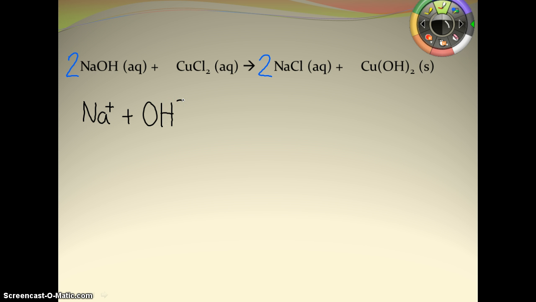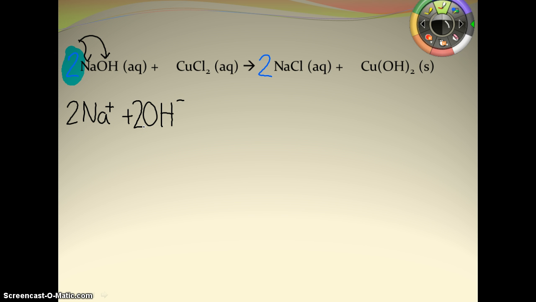Now you have this 2 here in front. That 2 is going to be distributed to the ions that it is in front of. So that means we're actually going to have 2 Na+ plus 2 OH-.